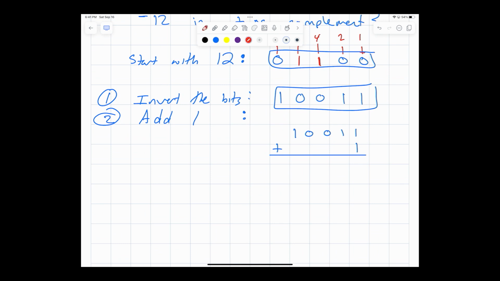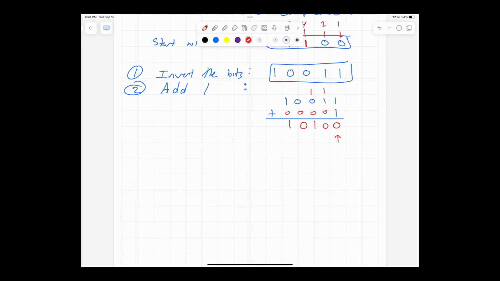Starting over here, 1 plus 1 is 2, so you go 0, carry the 1. Then 1 plus 1 is 0, carry the 1. Then 1 plus 0 is 1, and then 0 plus 0 is 0, and then 1 plus 0 is 1. Okay? And so then that's it.